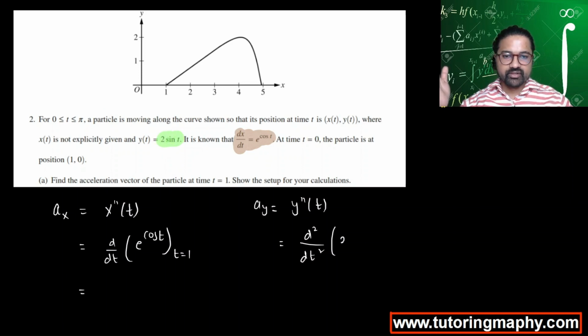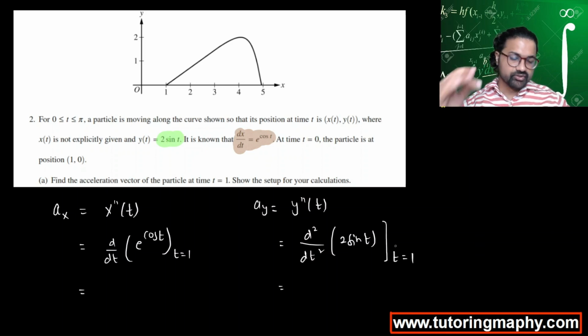So this comes over here as 2 sine t. And once again, we need this value at t equal to 1. So all we need to do is go in the calculator section and find this out. Give me about 1 minute to find these things. Feel free to fast forward. I'm going to take a screenshot anyway and put it on the board so that you can also see what I've done.